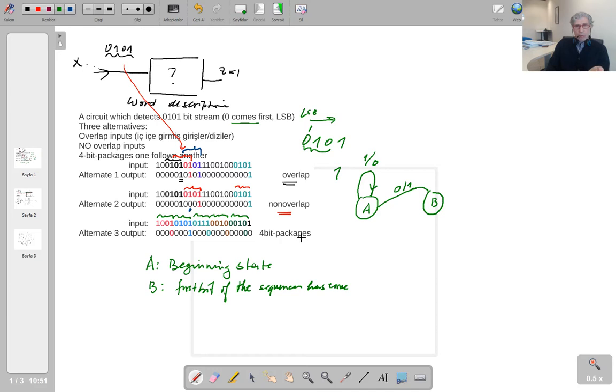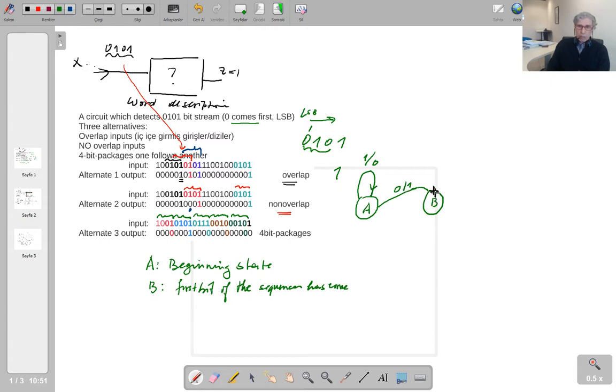After the first bit comes, if 1 comes, that means possibly I might get my sequence. But if once more 0 comes when I am in state B, I must go back again, isn't it? Because this cannot be my sequence. So that's going to be the same as my B state, isn't it?